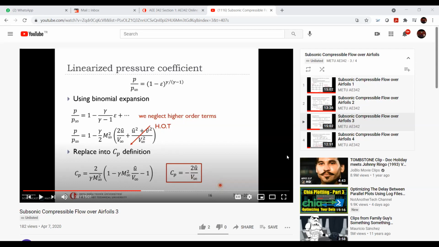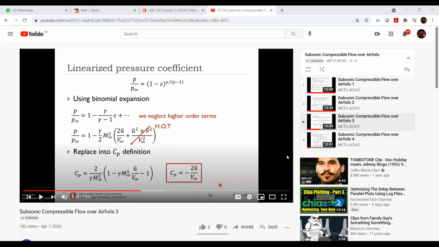Under those conditions, we obtained an expression for the pressure coefficient, which is where we left off. It was the last thing we were talking about, Cp. As you can see on your screen now, Cp is written as -2 times u hat, which is the perturbation velocity, the small difference from, let's say, U infinity, divided by U infinity.